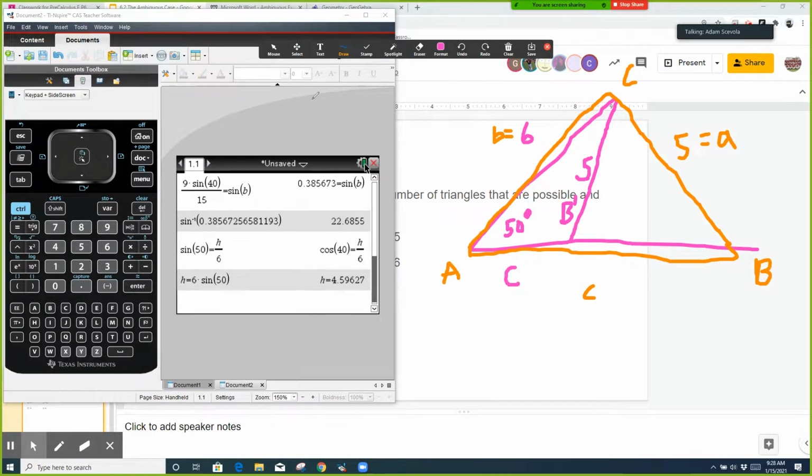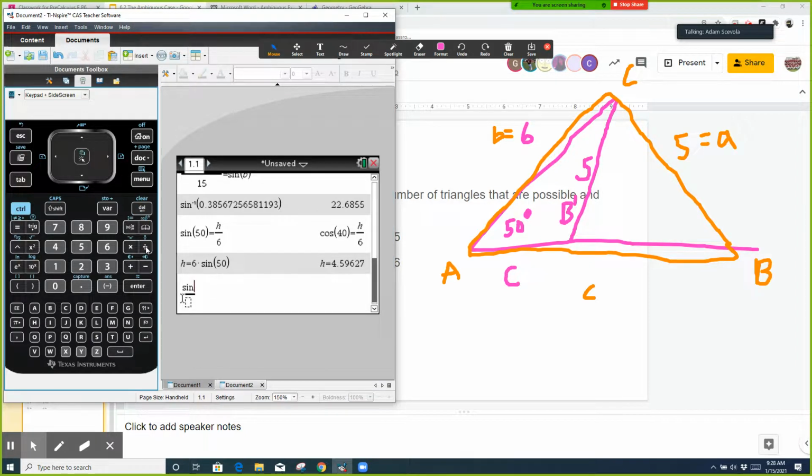If you focus on the orange triangle, and I had to label those so that you knew what I was talking about, we're going to solve for angle B by doing the sine of 50 degrees divided by the side across from it, equals the sine of B divided by the side across from that.